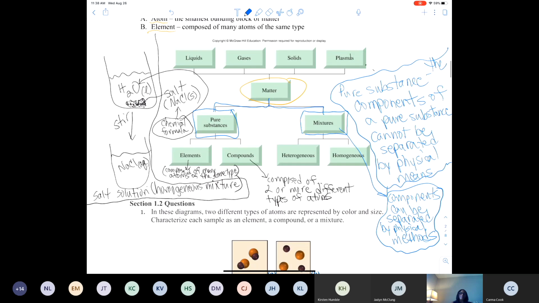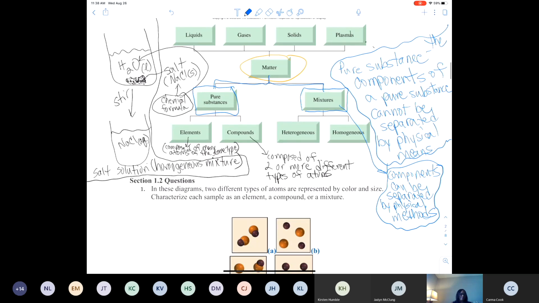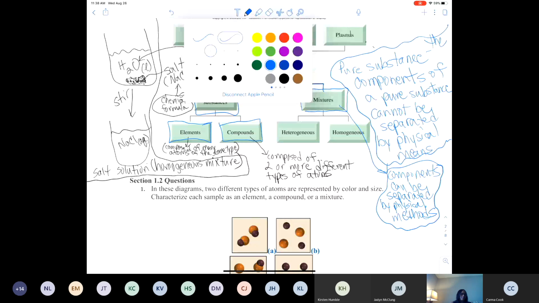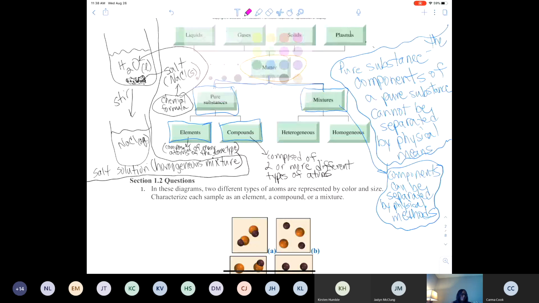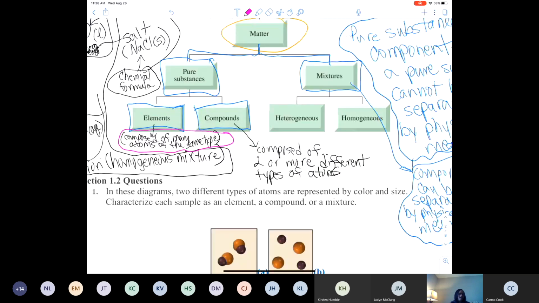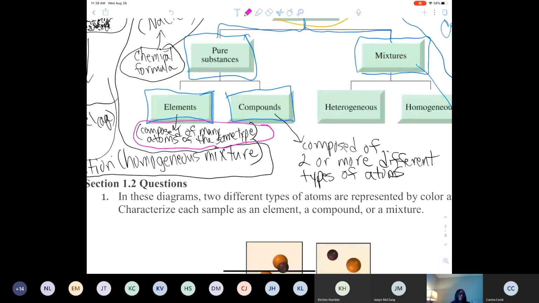So there are two types of pure substances that exist: elements and compounds. Now, elements are composed, like we stated earlier, of many atoms of the same type.